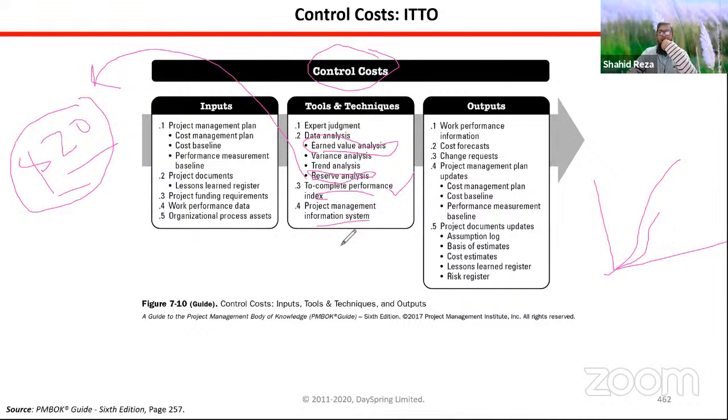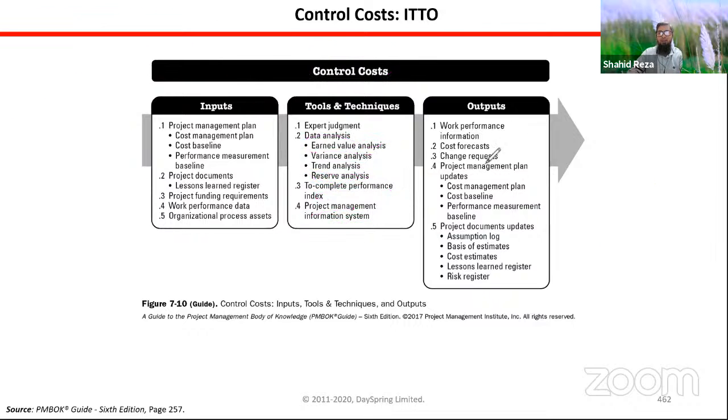Or you can do it manually or using Excel. All of this is the project management information system. From here we will get forecasts: how much money we already spent and how much money we need for the future activities. In earned value analysis you will see there are mathematical formulas, and using those formulas you can easily forecast.